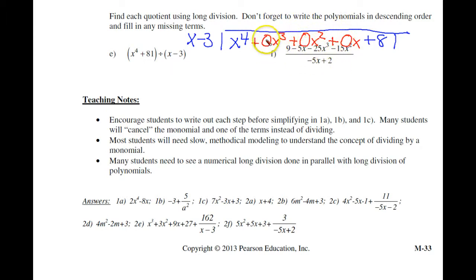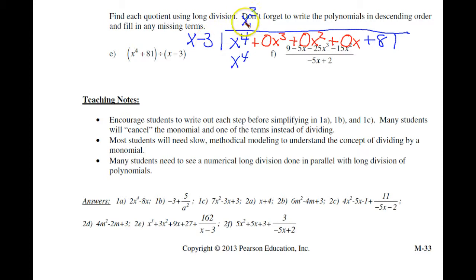But notice, as soon as we put a 0 as one of the factors, this has no value. These are just placeholders. So x to the third goes here. X to the third times this gives us x to the fourth.